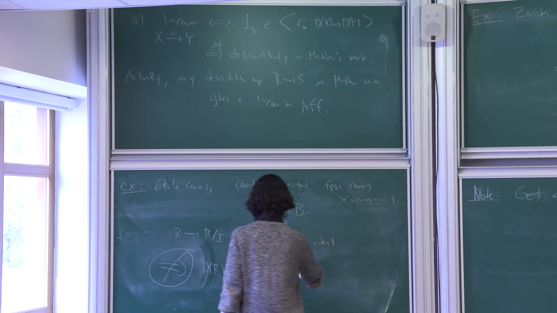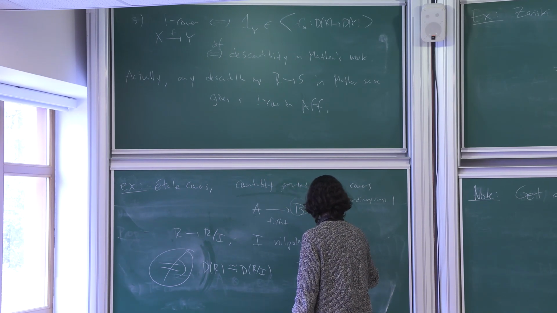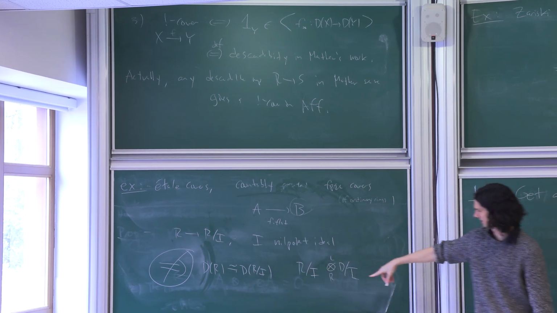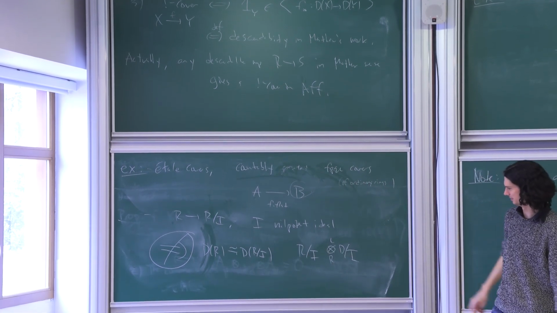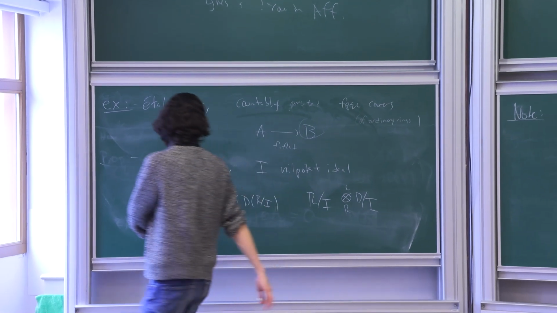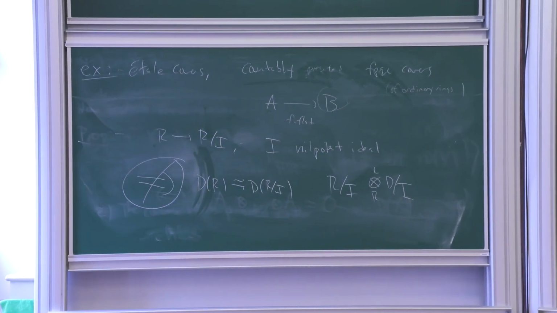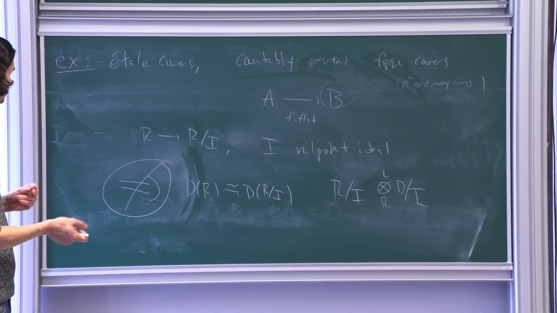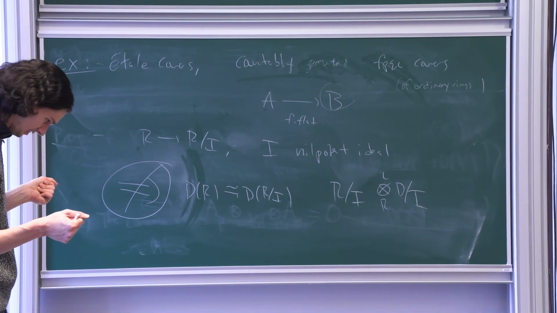The reason is that when you do the descent, you're doing everything on the derived level, so you end up with terms like this in the colimit diagram, and that's not the same as R mod I. What about R going to pi 0 R? Does it have the same property?